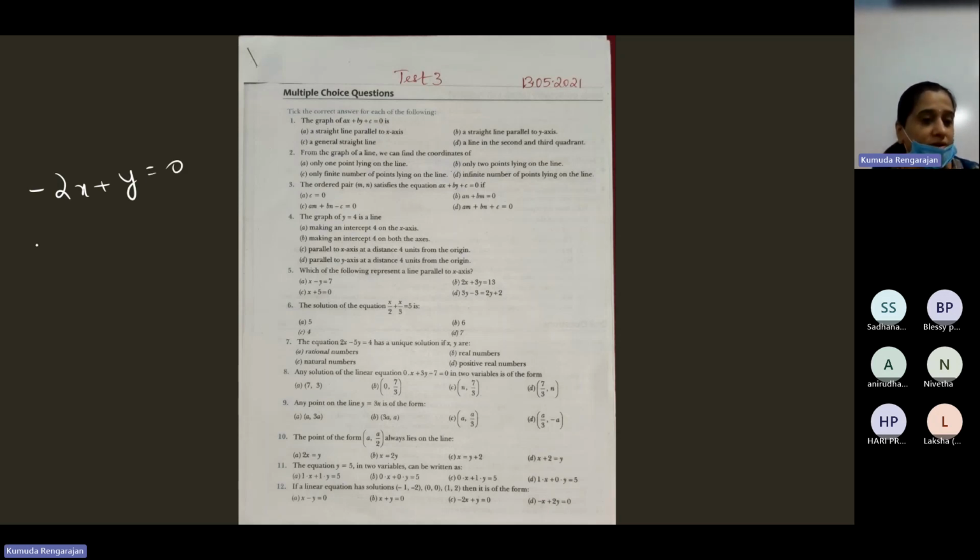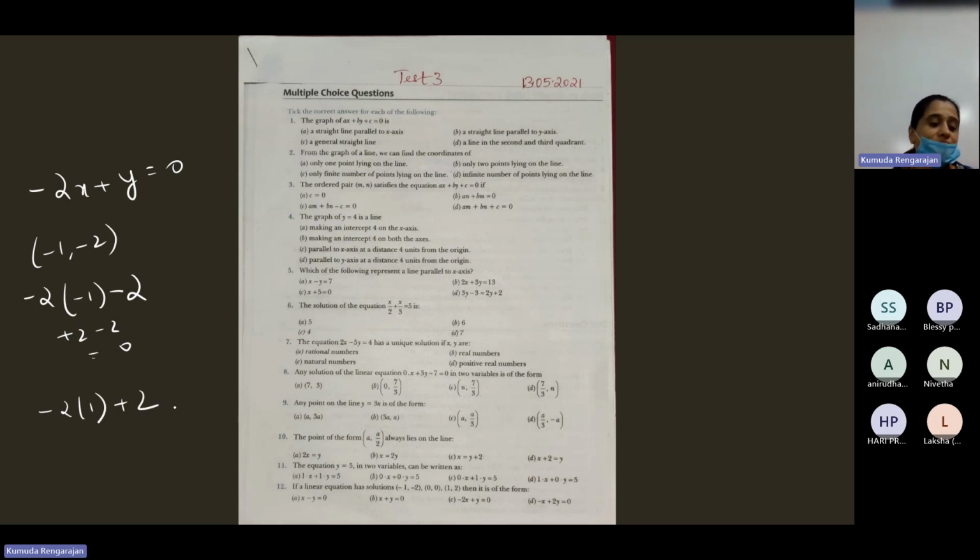When you take minus 1 comma minus 2: minus 2 into minus 1 plus minus 2, so it will be plus 2 minus 2, 0, correct? Then 0 comma 0, 0, correct? And then 1 comma 2: minus 2 into 1 plus 2, yeah, correct. Very good. Minus 2x plus y is equal to 0.